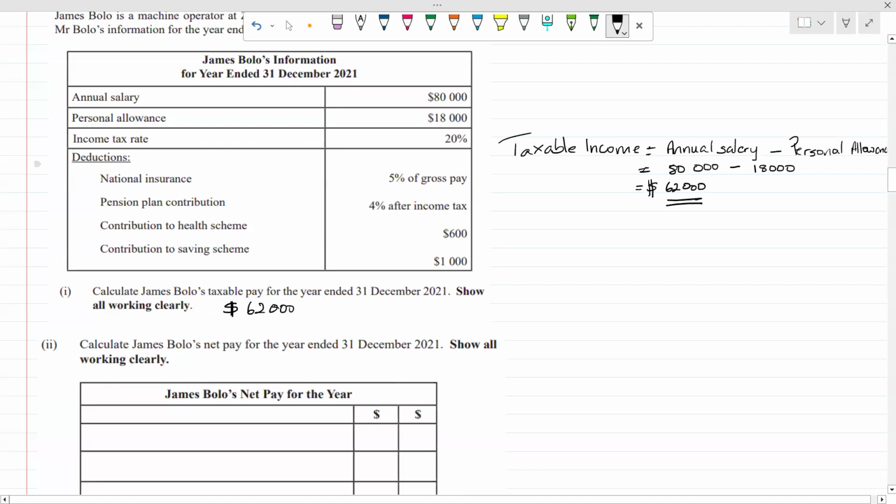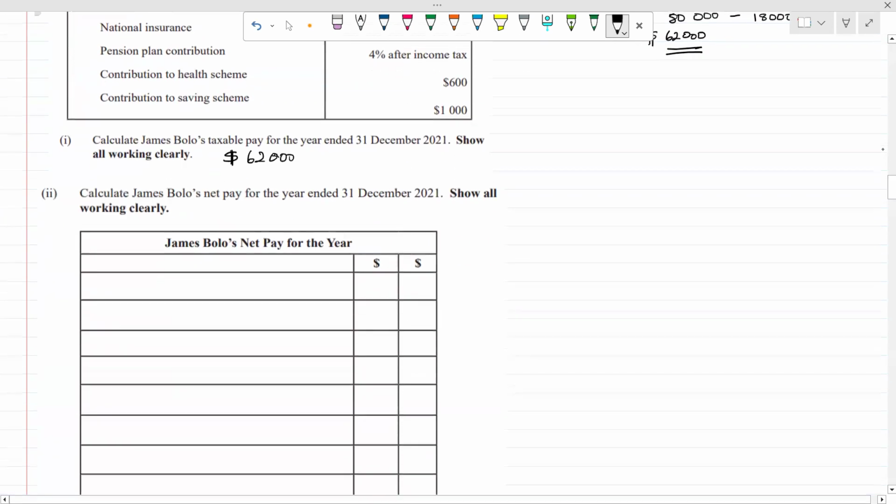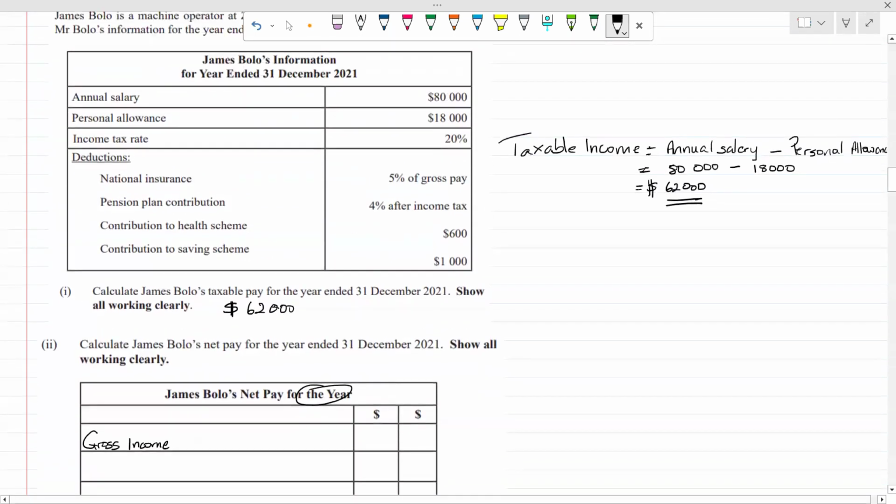So, to begin with, let's start with his gross. Everything here is for the year, right? So, gross income. I want to show all the working. So, we're starting from the top.